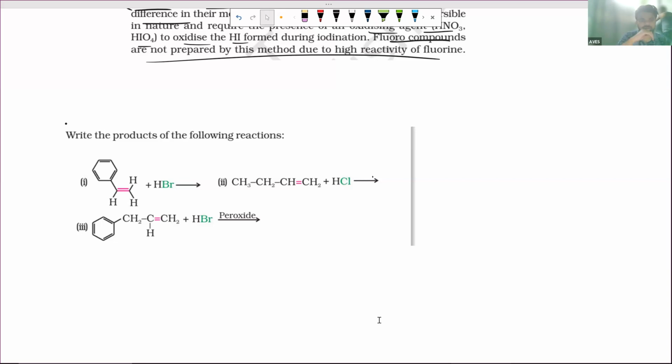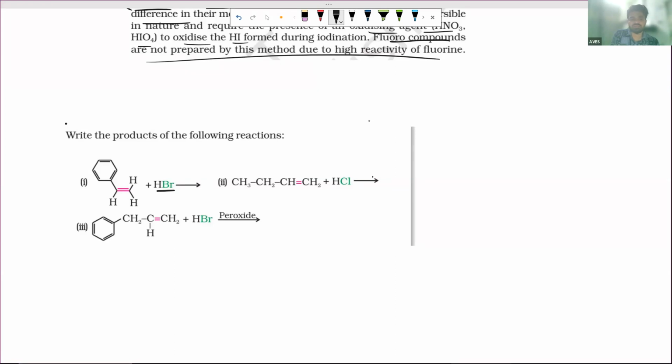If it does not have any peroxide, then this is simple Markovnikov rule that will be followed, and the bromine will be attached to that carbon which has fewer hydrogens.